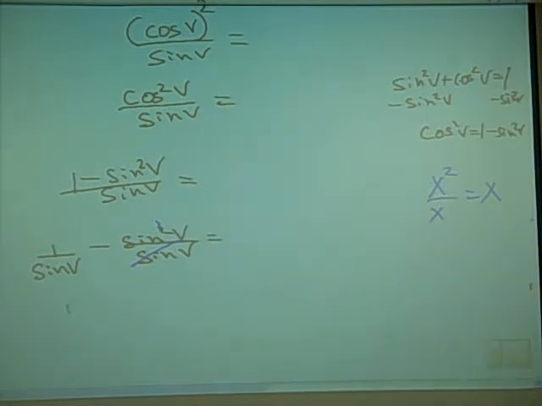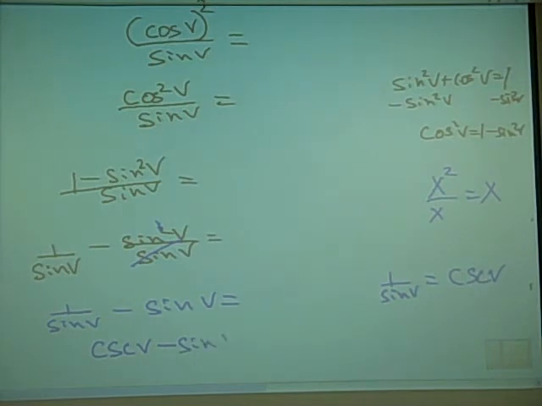So we get 1 over sine v minus sine v, and 1 over sine v is equivalent to cosecant v. So we get cosecant v minus sine v equals our right hand side.